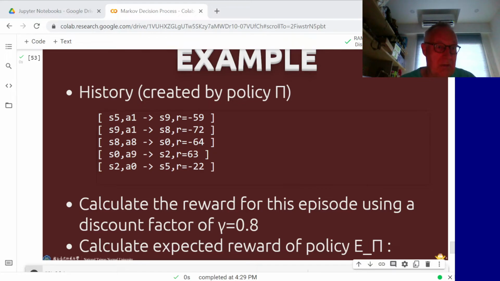Zero, no, that would not be correct. So I guess it depends on how you look at it. The first state is S7, not S4. So S4 is the last state.